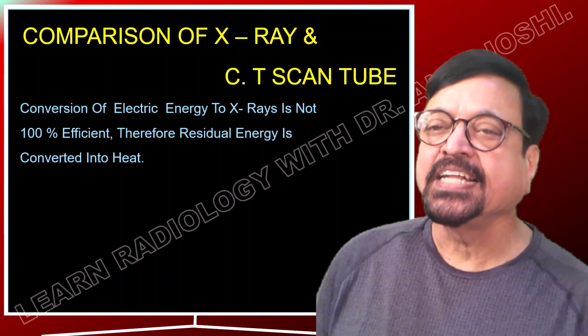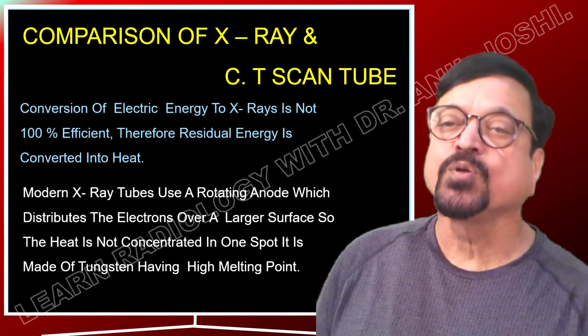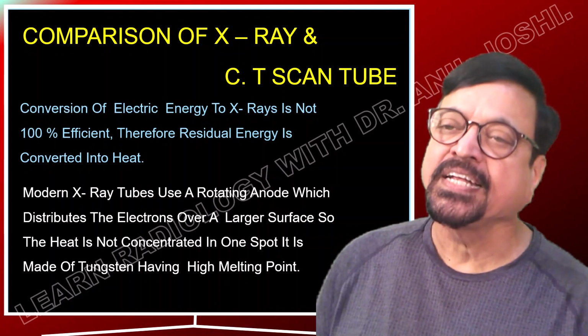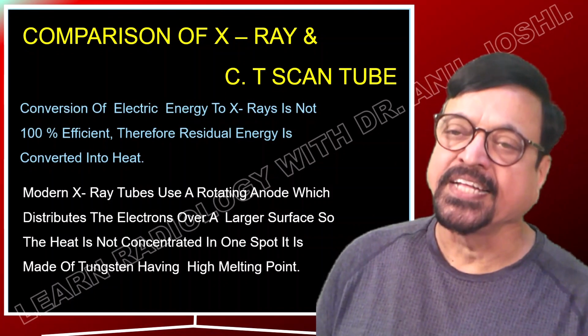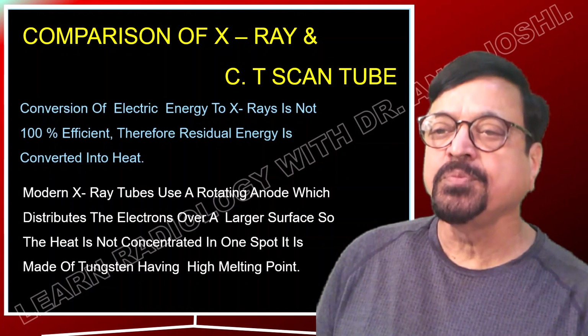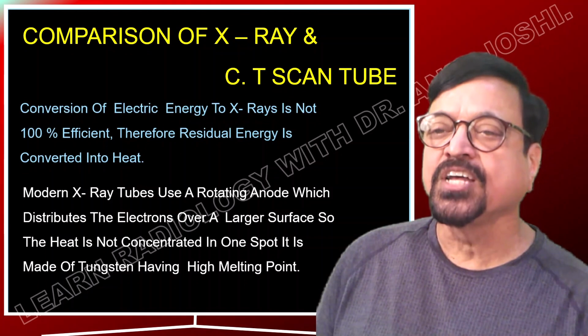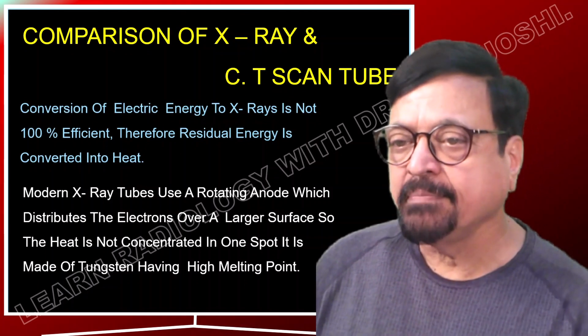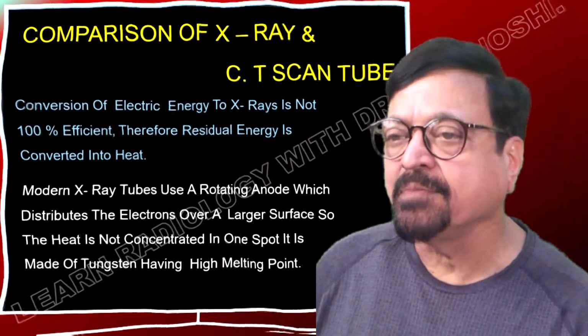Therefore, residual energy is converted into heat. Almost 99% of the energy is converted to heat, and hardly 1% is used for good X-rays. Modern X-ray tubes use a rotating anode which distributes the electrons over a larger surface so that heat is not concentrated in one spot. It is made up of tungsten, having a high melting point.